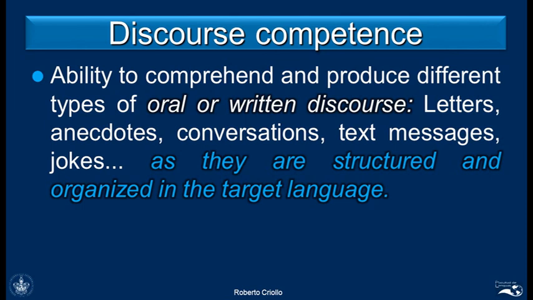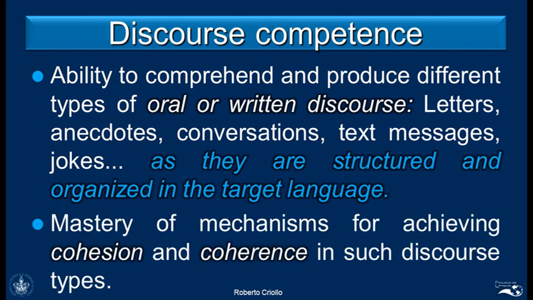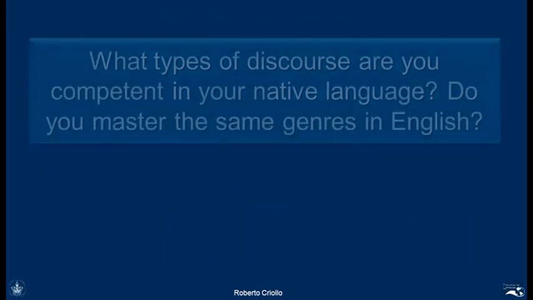It's not easy to tell a joke and be funny in another language. And also, of course, discourse competence has to do with mastery of all of those mechanisms for achieving cohesion and coherence in all of the different types of discourse.